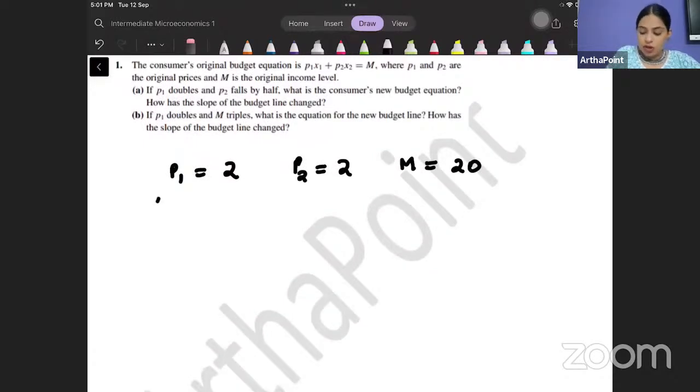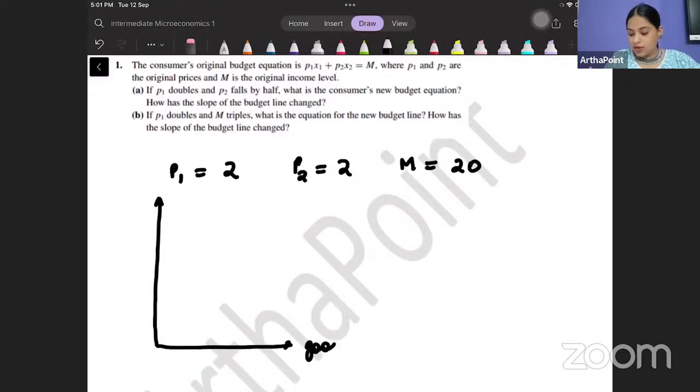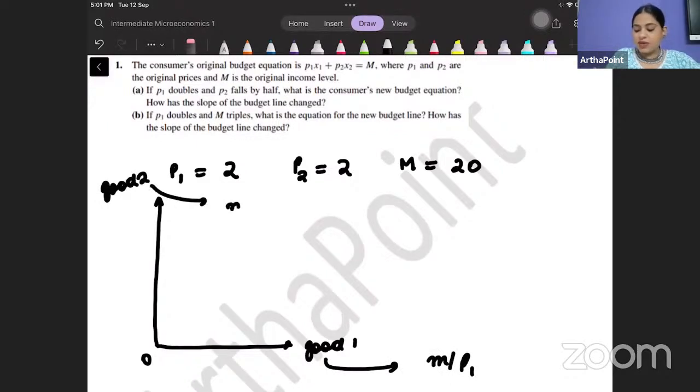Yes, ma'am, we know. In order to plot the budget line, we take good 1 here, and we take good 2 here. The x-axis intercept, that was M by price of good 1, and the y-axis intercept, that was M by price of good 2.